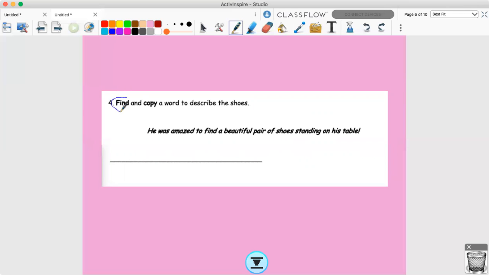The first bit says find, so we need to find the word, and then it says copy, so you're just going to copy it from here onto the line. And it's a word that describes the shoes. So you can pause the video now, have a little think. Which word describes the shoes? Write it on the line. It says, he was amazed to find a beautiful pair of shoes standing on his table.